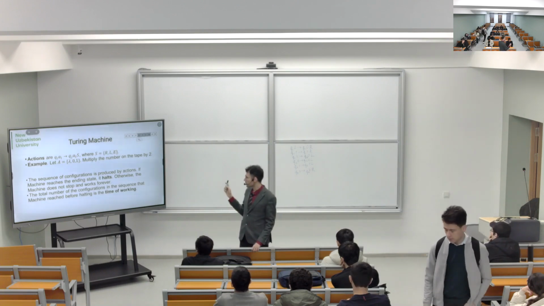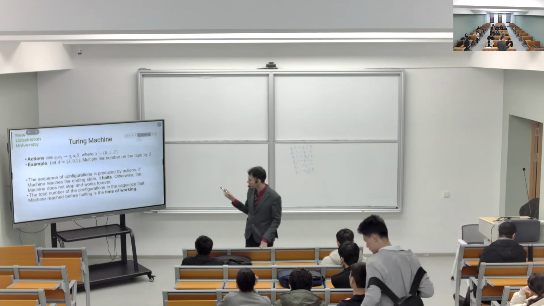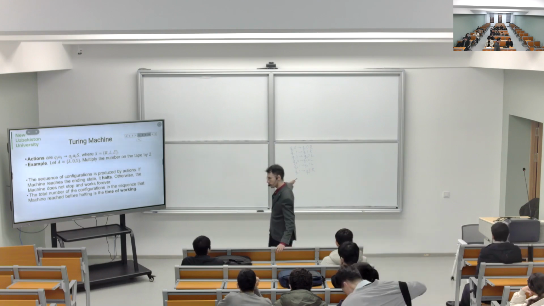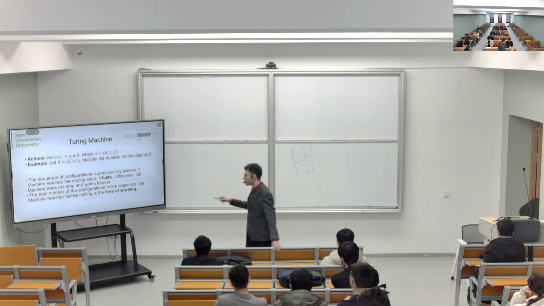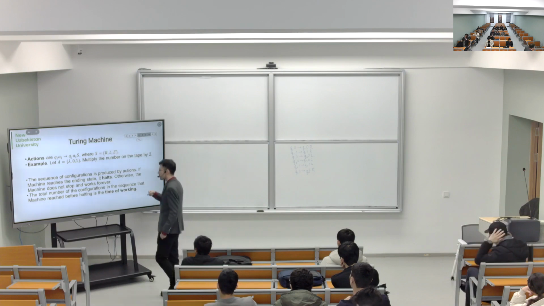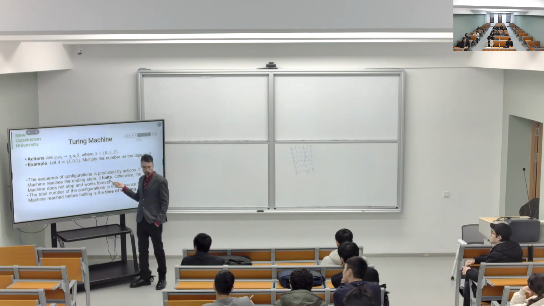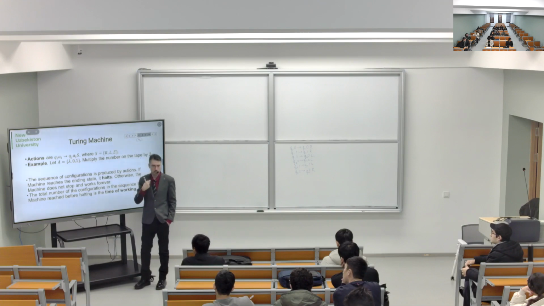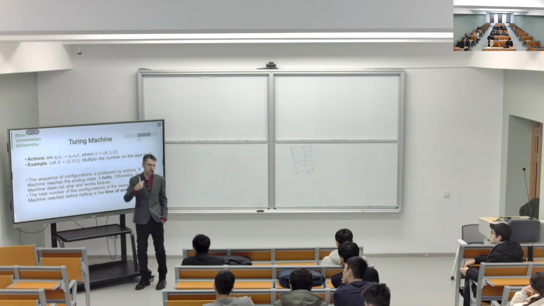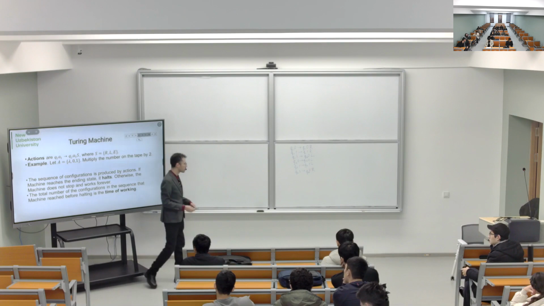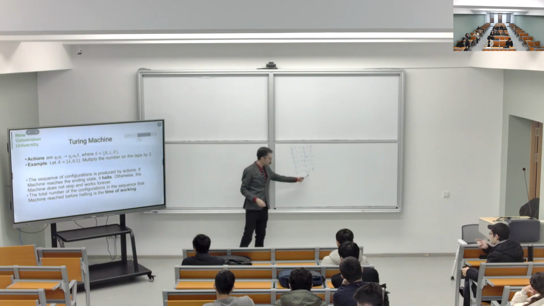So the sequence of configurations is produced by actions that we wrote. When the machine reaches the ending state, we say it halts. So it's just a definition. When the machine halts, when it reached Q0. Okay.